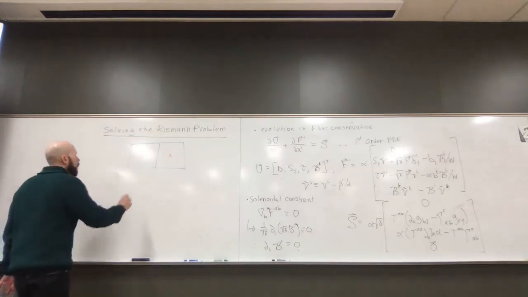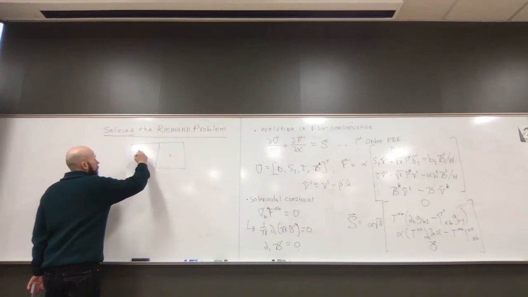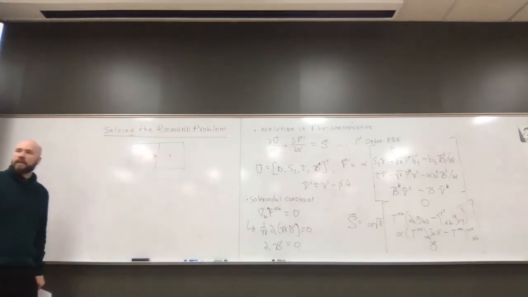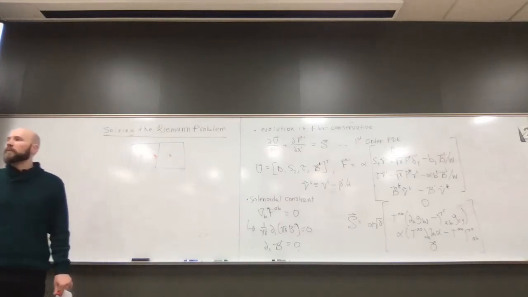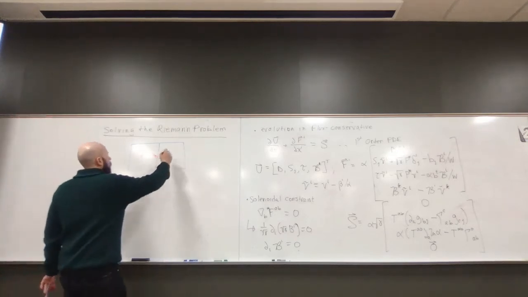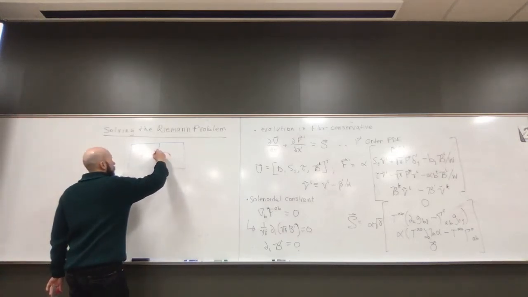But what we do first is we reconstruct to the interface. We take the average values and we construct pointwise values at the interface between cells. And we're going to do this from two different directions.